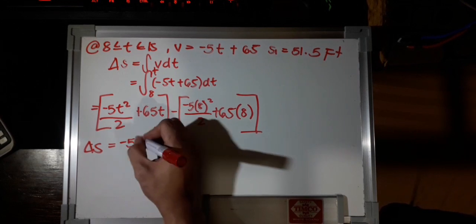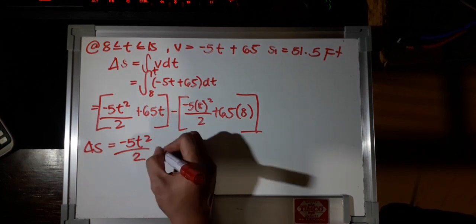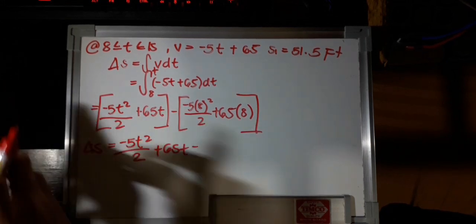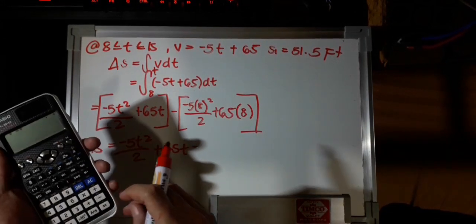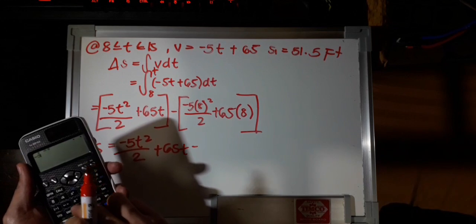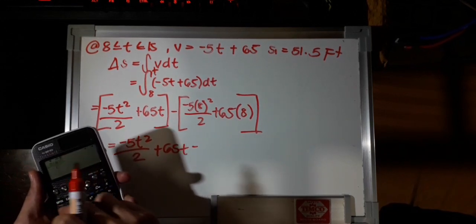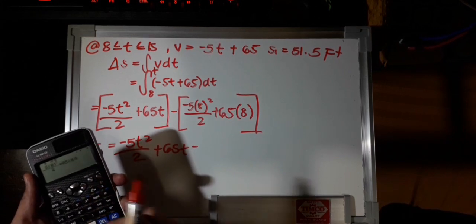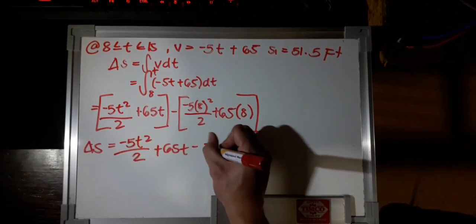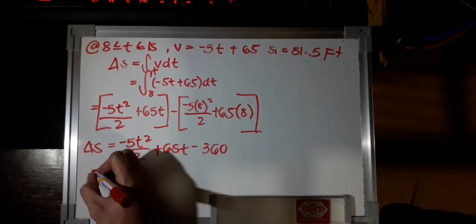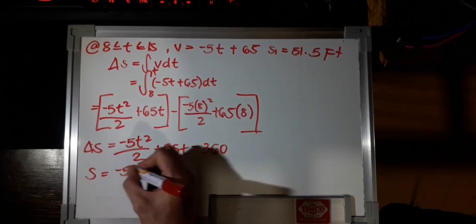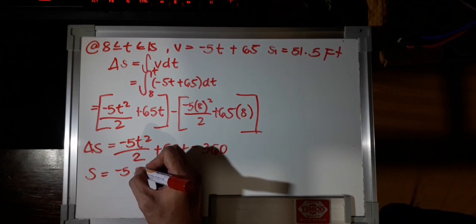Negative 5t squared over 2 plus 65t minus. So calculating negative 5 multiplied by 8 squared divided by 2 plus 65 times 8, that is 360. So again, to solve for the position, i-add lang natin yung 51.5.